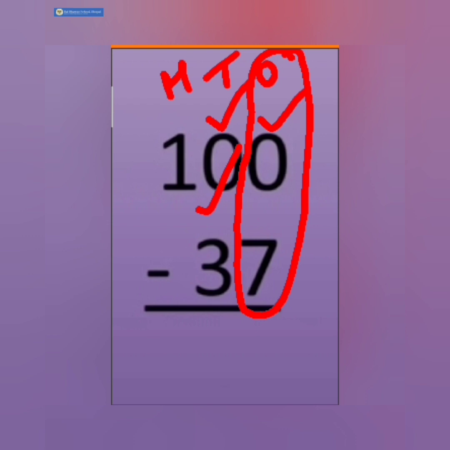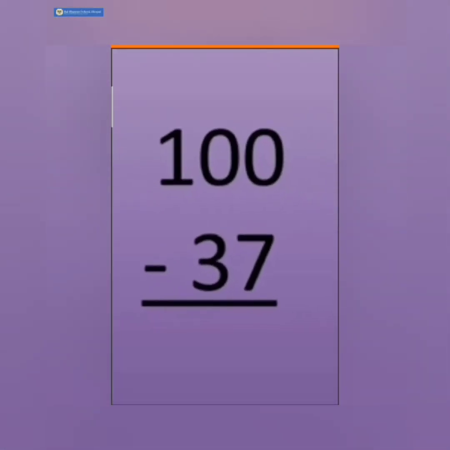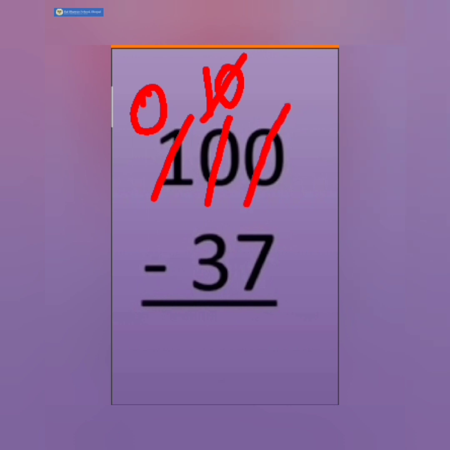So we are going to begin borrowing from the hundreds column number. Now 1 is going to be reduced by 1 and become a 0, and this 0 will be increased by 10. Now this 10 can give away tens to this 0 and this will be increased by 10 and this 10 will decrease by 1 and become 9.